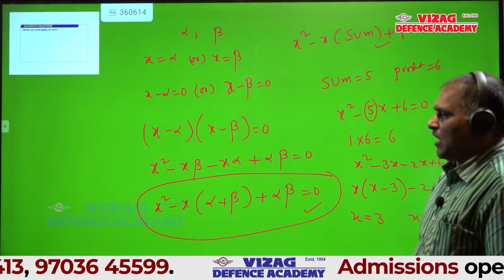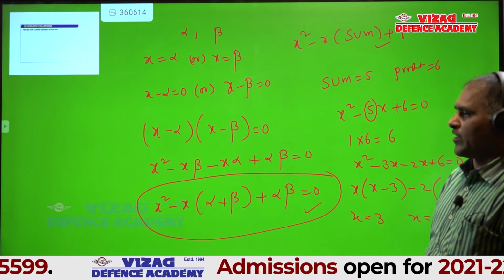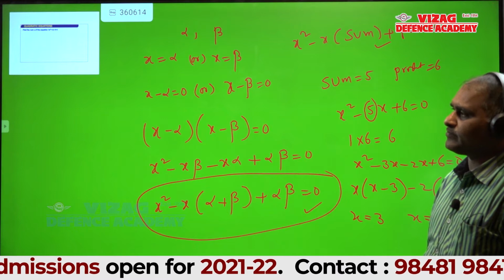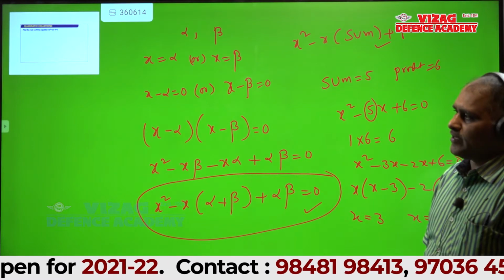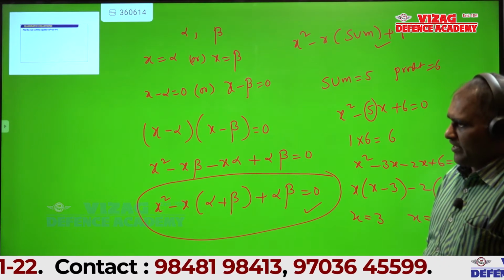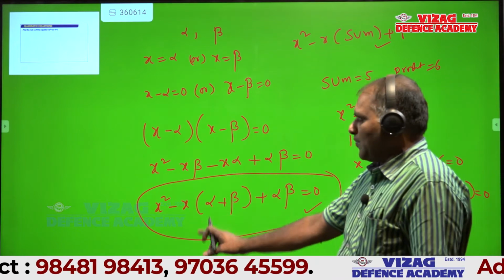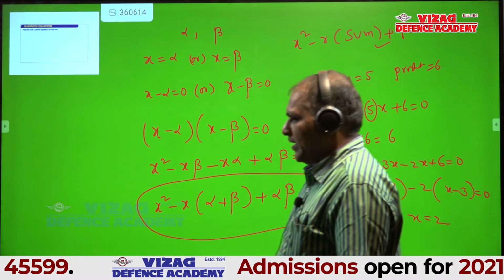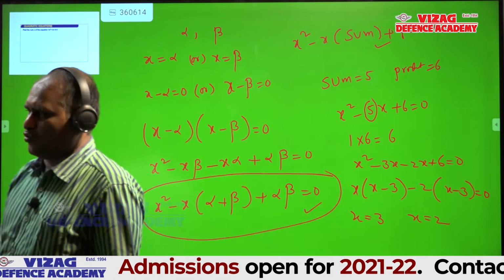When roots are alpha, beta, then the quadratic equation is x square minus x into alpha plus beta plus alpha beta is equal to 0.